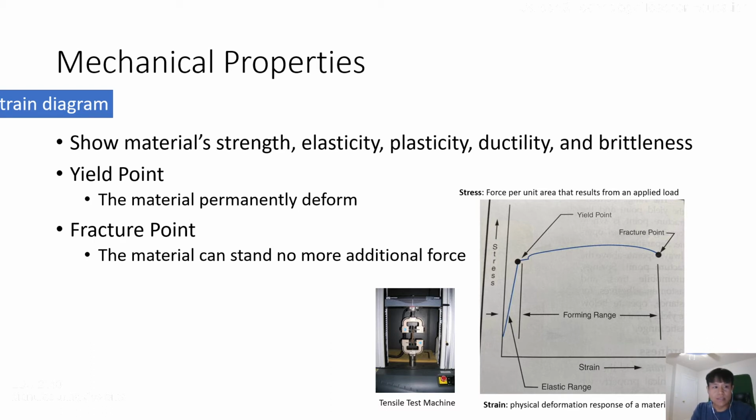So, stress strain diagram. This is the stress strain diagram. This shows material strength and elasticity and plasticity and ductility and brittleness. So if you are a mechanical or material engineer, you may need to test out each material before you use the material for a certain purpose.